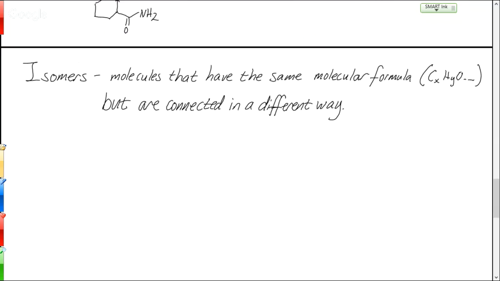I'm just going to leave the hydrogens off for now because we know that hydrogens have to do what they have to do, right? So I've got this structure, and we could draw that as a line structure.